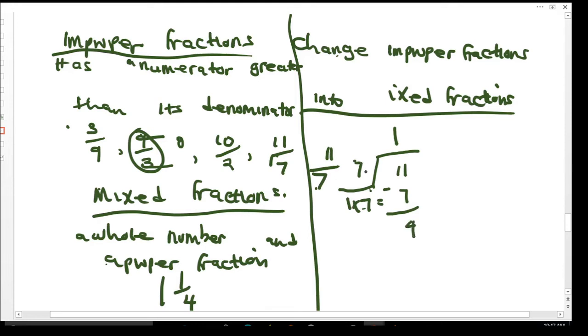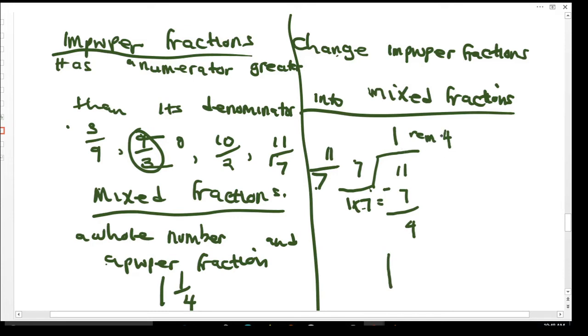We come back here and ask, how many 7s can we get from a 4? Do we get any group of 7 from a 4? Well, no, we don't have. Therefore we remain with 4. Then from here we are going to express our answer in terms of a mixed fraction. So it's going to be 1 as our whole number, then this remainder is going to make the proper fraction.